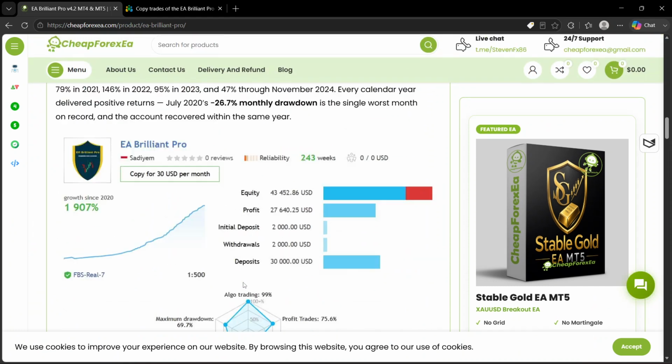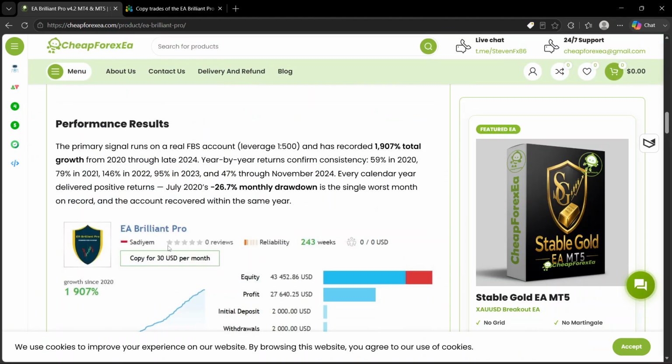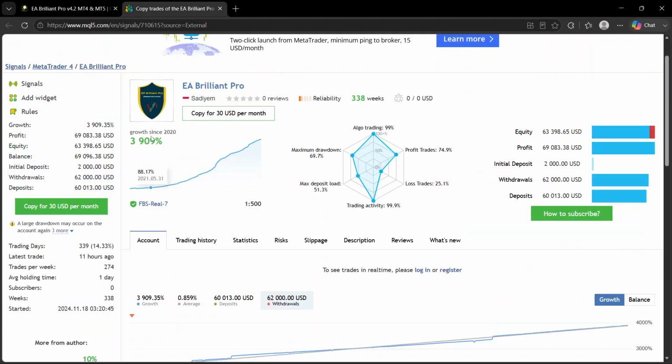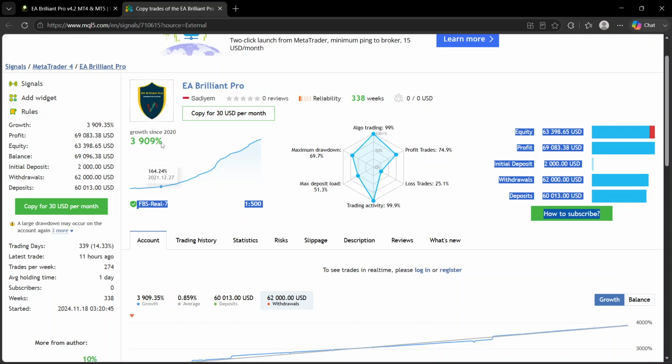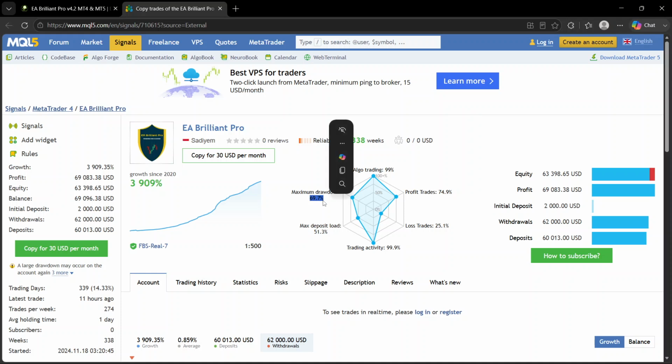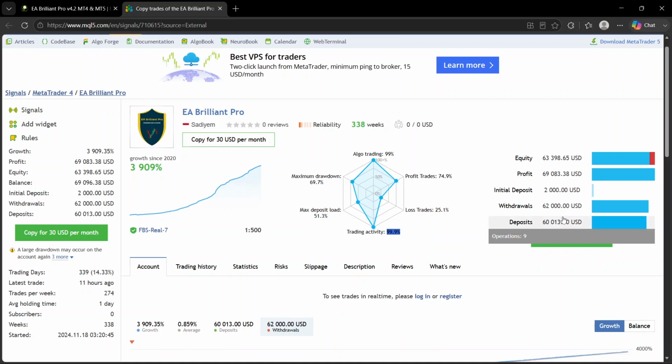Okay, if we come over here, we can see the signal, not just the screenshot. So let's go through it. It says it had a 39.09% growth since 2020, with its latest trade 11 hours ago. So it's pretty recent. Let's check out the stats. You can see it had 74.9% profit trades. Maximum drawdown is very high, 69.7%. Trading activity is 99.9%, so it's trading almost all the time.